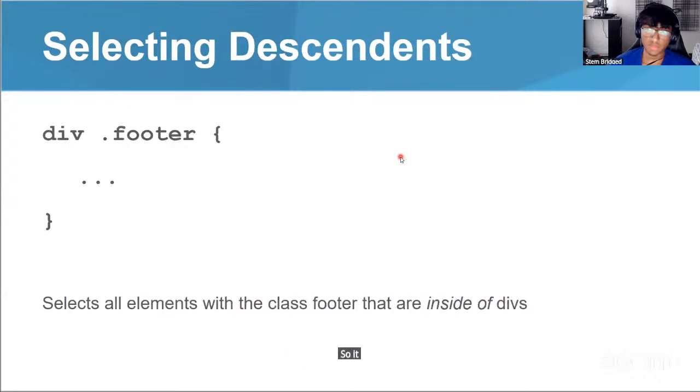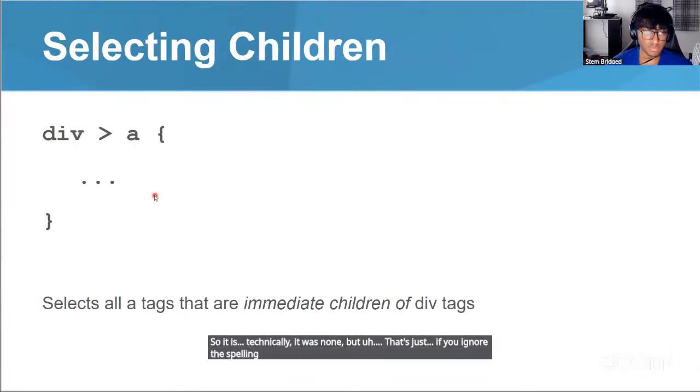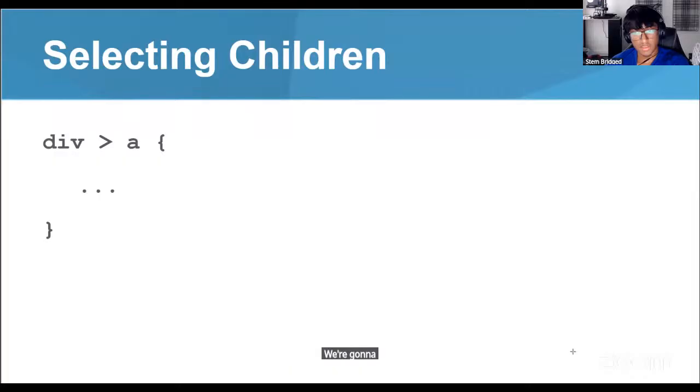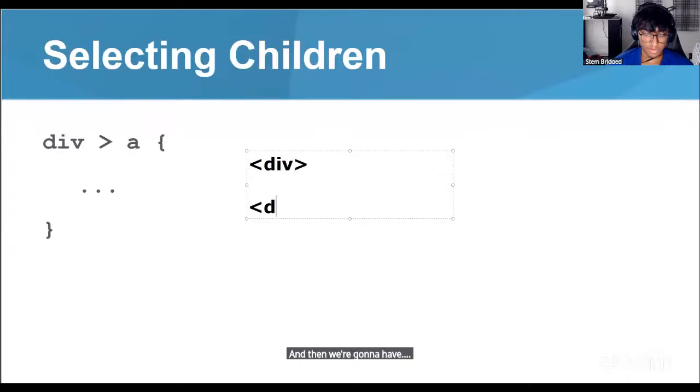So it technically was none, but if you ignore the spelling mistakes, it's going to be number 3, right? All right, this is going to select children. So what we're going to do is cover this up again, and then we're going to have div, slash div. We're going to learn div later, right, guys?